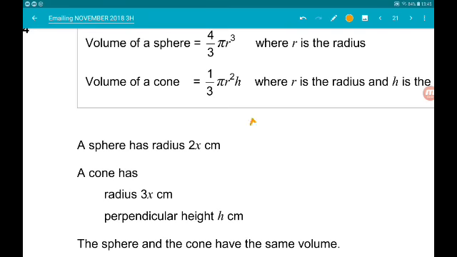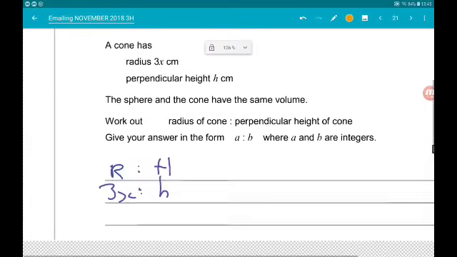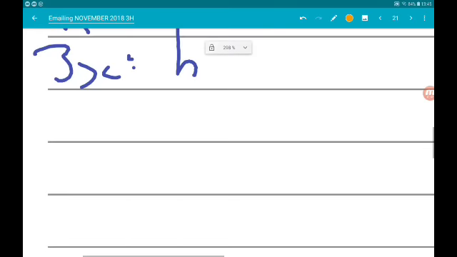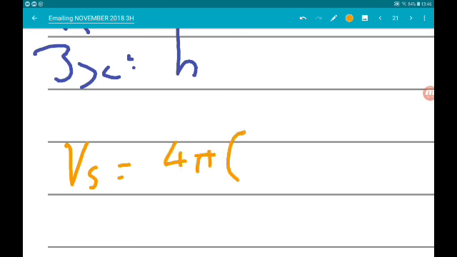So, the radius of the sphere is 2x, so the volume of the sphere is, I like to write it as 4 pi r cubed all over 3, so it's 4 pi times 2x all cubed over 3.